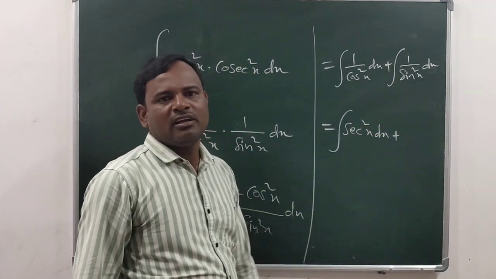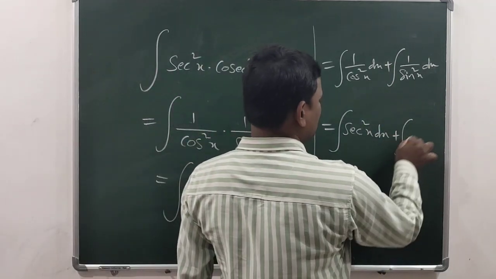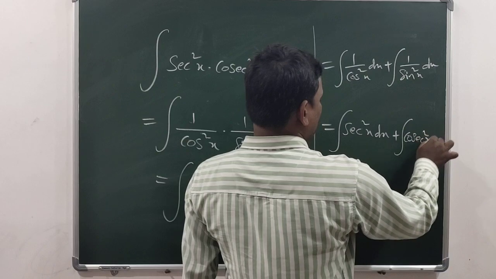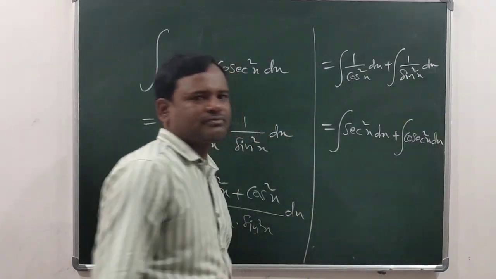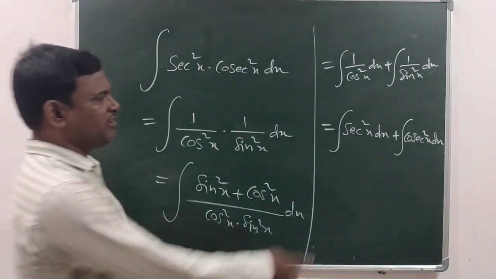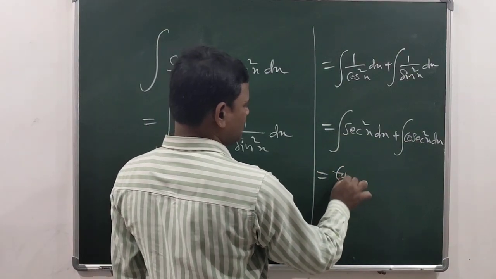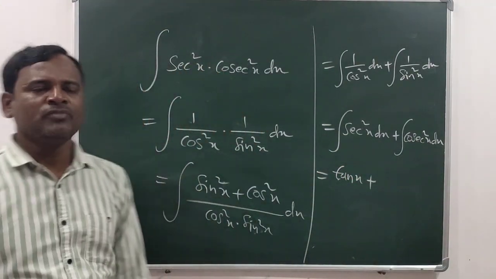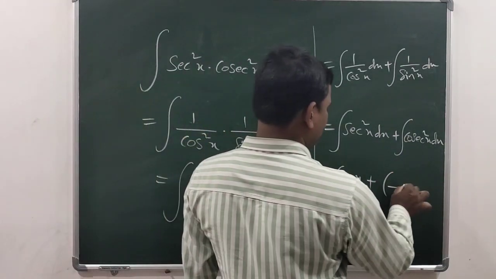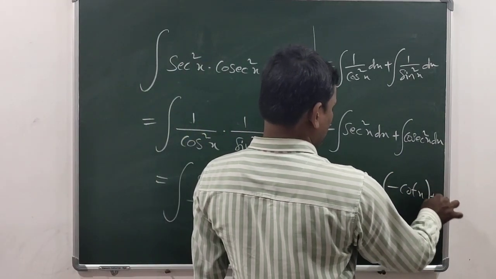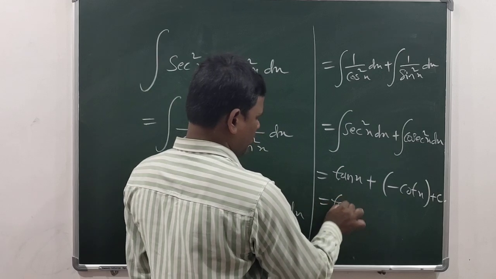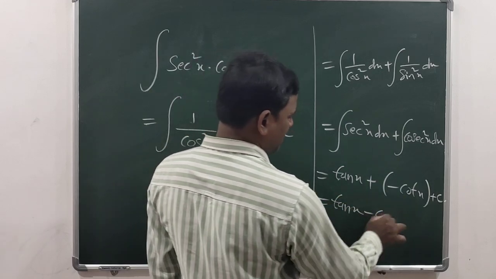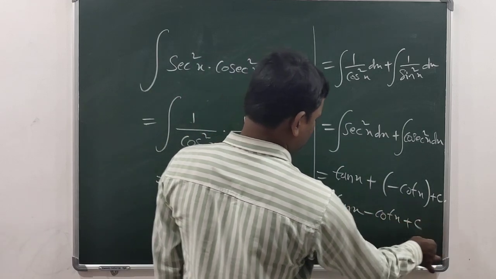Now 1 by sin square x can be written as cosec square x dx. You know the integration of secant square x is tan x. Next, integration of cosec square x is minus cot x plus c. Now your required answer will be tan x minus cot x plus c.